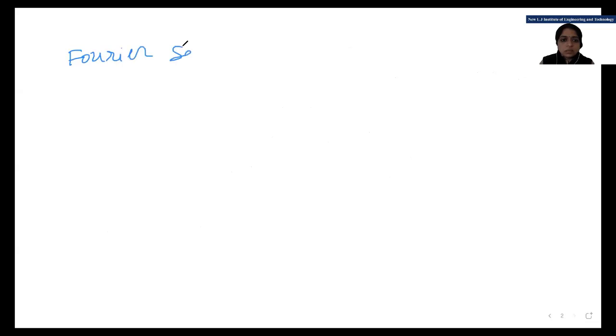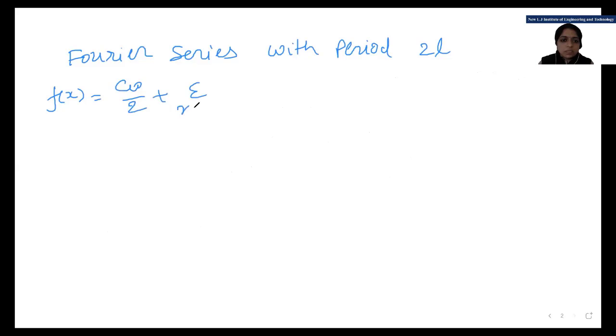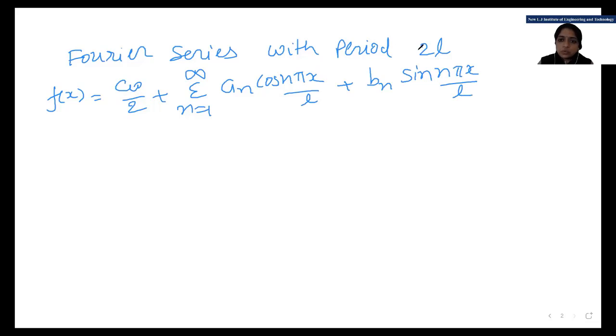Fourier series with period 2L: f of x is equal to a0 by 2 plus summation n 1 to infinity an cos n pi x by L plus bn sin n pi x by L. Students, with period 2 pi, we put here cos nx only.